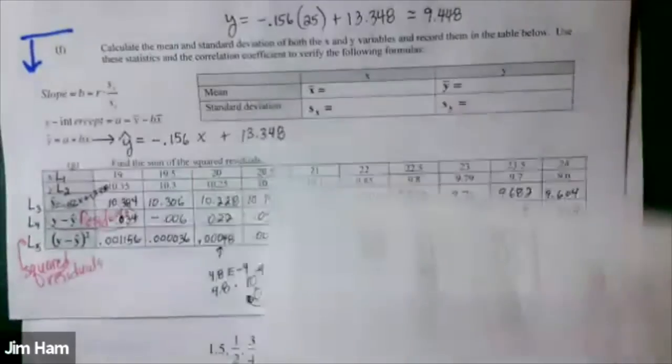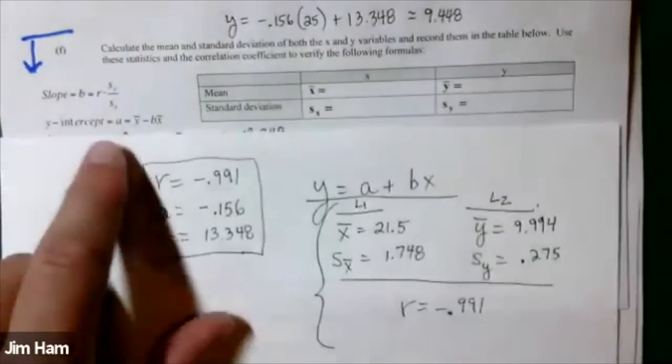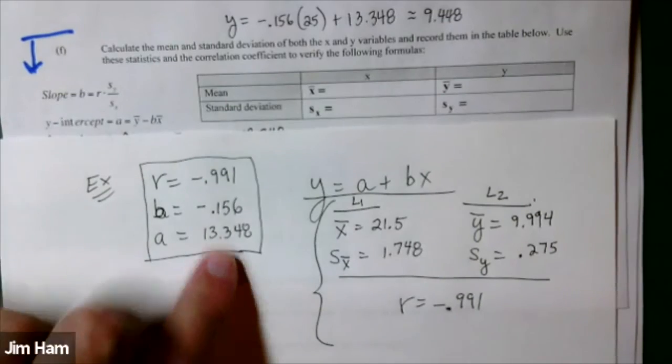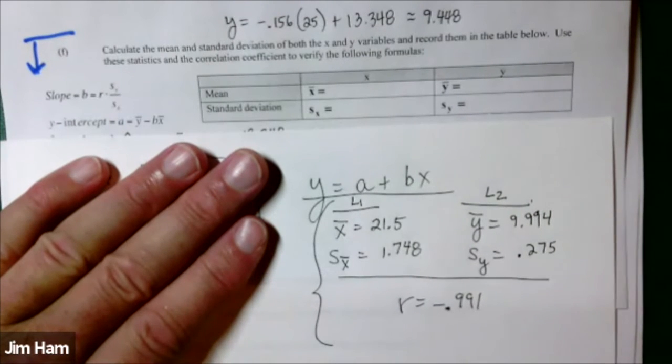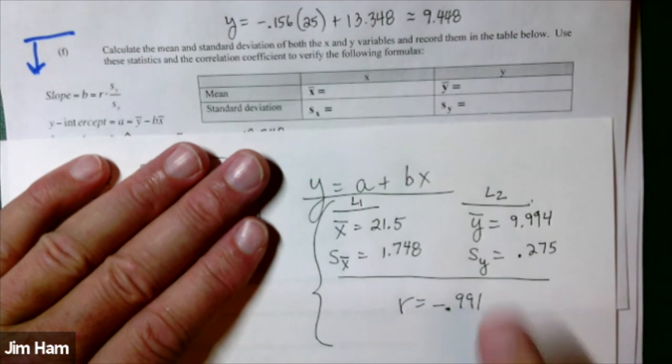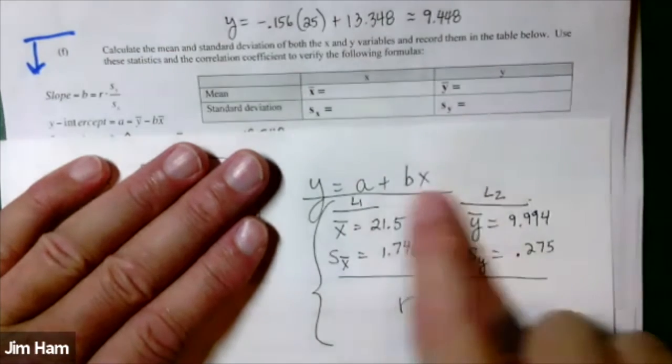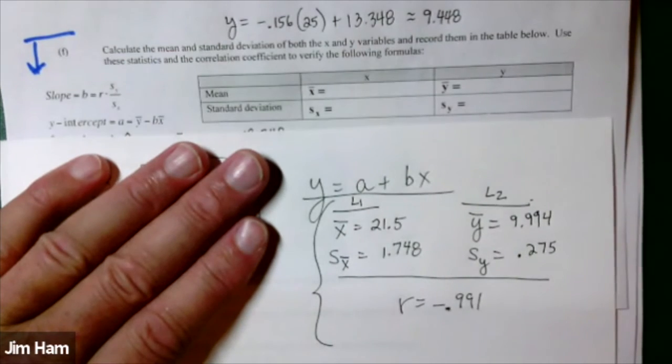It's the same formula that appears right here. The only way we can calculate A from the raw data is if we enter it into L1 and L2. But if we just had these summary statistics, and I think this is how they frame the problem in the homework, how would you calculate A and B?